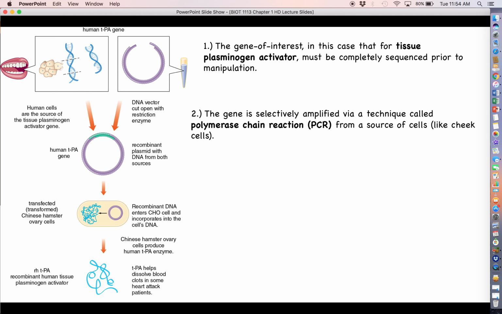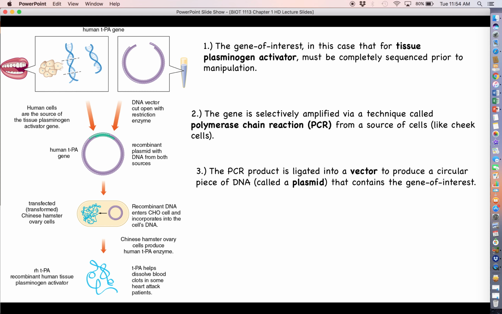All you need is certain materials that we will talk about later when we discuss polymerase chain reaction in detail, but you need a source of DNA. You could get it from someone's cheek cells. You could just swab the inside of their cheek and use that DNA as a template for making lots and lots of copies of this gene.